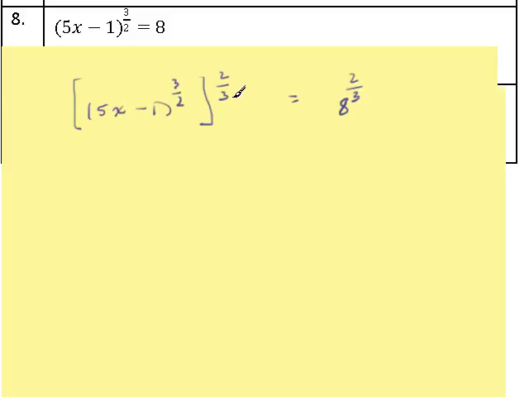So cancel here and here. We just get 5x minus 1 on the left, and on the right, first cube root of 8 is 2, so we have 2 squared, which is 4. 5x minus 1 is equal to 4. Add 1, 5x is equal to 5, and divide by 5, and we have x is equal to 1.